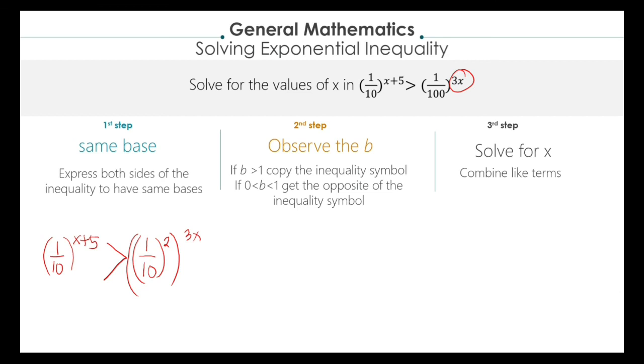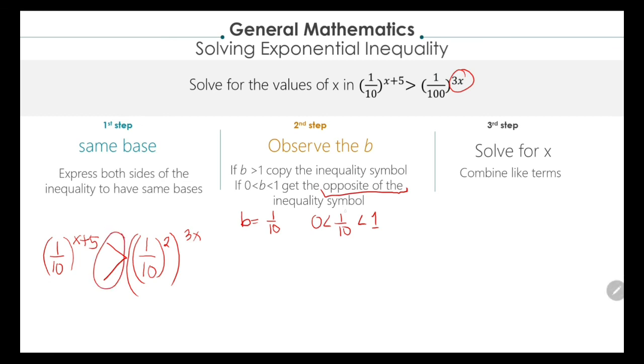Okay. Now, you may proceed with the second step since parehas na yung base mo. Ang second step mo, you have to observe your base. Ang base mo, again, ay 1 all over 10. And 1 all over 10 is between 0 and 1. So, ibig sabihin, you have to get the opposite of the inequality symbol. So, kung mapapansin nyo mga anak, ang gamit natin sa first step ay greater than.